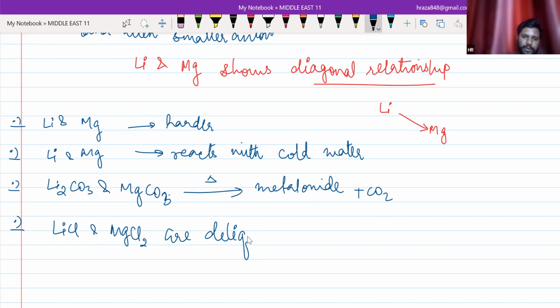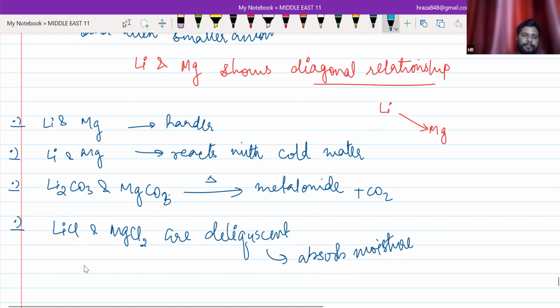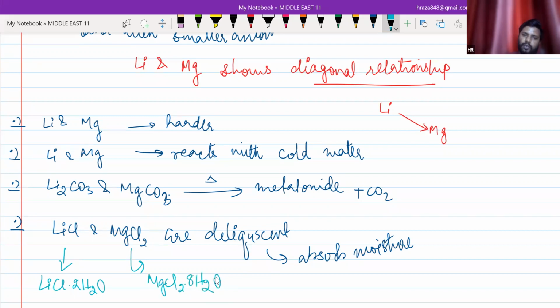What is deliquescent? Do you know? Deliquescent means absorbing moisture. The compound which absorbs moisture is deliquescent. So LiCl absorbs moisture and exists in this form. MgCl2 does the same, but it has greater hydration enthalpy, so it will have 8H2O. In NCERT, there will be similarities and dissimilarities between lithium and magnesium in the s-block.